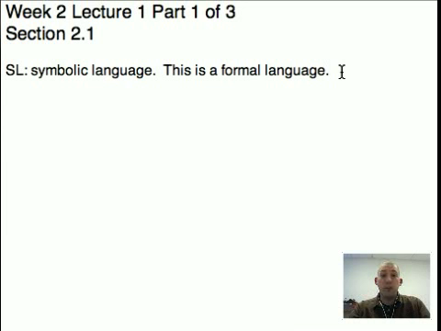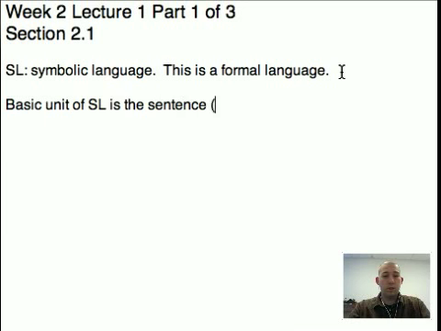So the basic unit of SL is going to be the sentence. And remember, these were declarative sentences, the sentences that can be true or false. Okay, so those are our basic units.